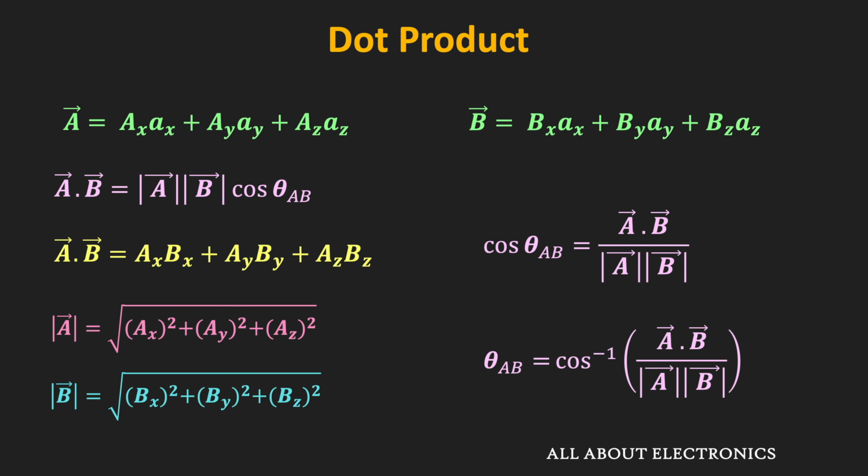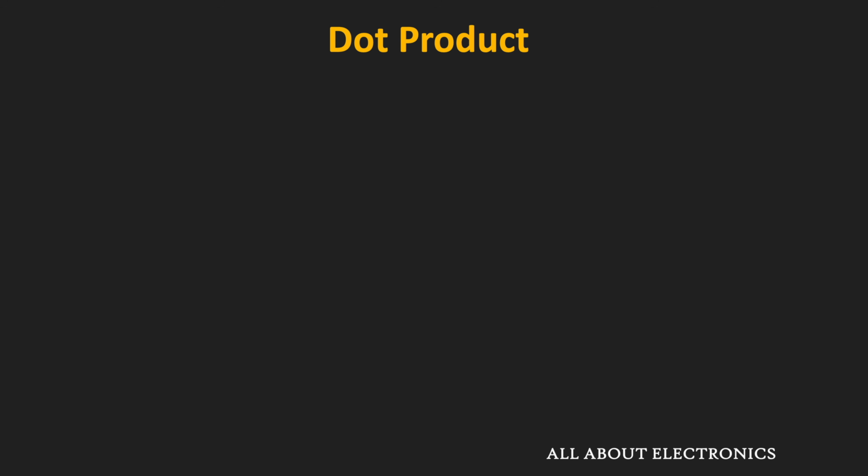Let us take a simple example so that it will get clear to you. Let's say A is equal to 2ax minus 4ay plus 7az, and likewise the vector B is equal to 5ax plus 3ay minus 8az. And let's say we want to find the angle between the two vectors.